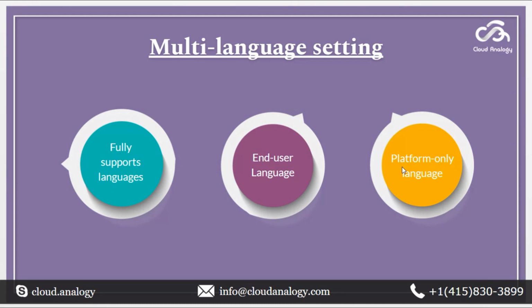Now, the third one is platform-only language. For platform-only languages, there are no out-of-the-box translations, but you can translate items such as custom fields, custom labels, picklist values, etc. Standard objects and fields can be renamed but not translated.